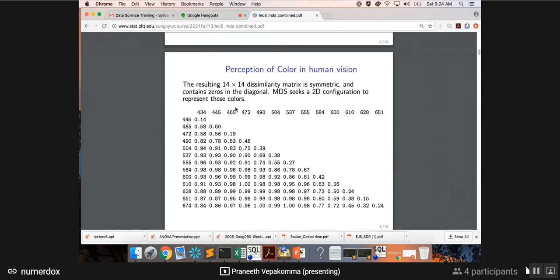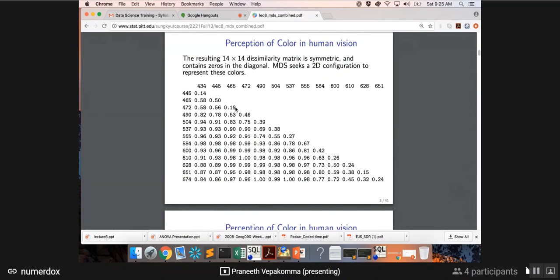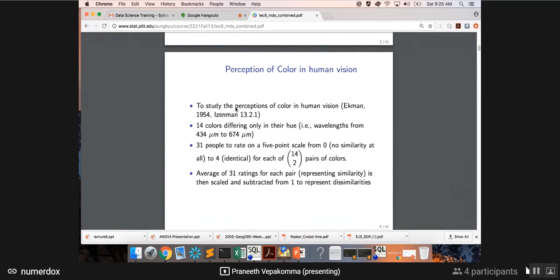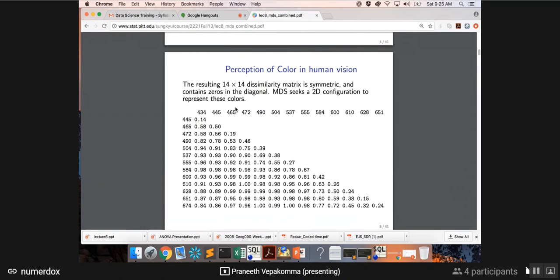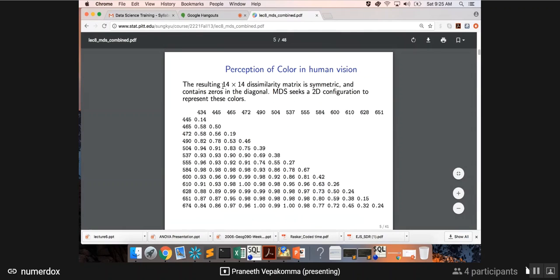So an example. This is distances between colors. This is a weird example actually. How distant is yellow from green or red from black or black from white? They took 14 colors and they found pairwise distances between colors.